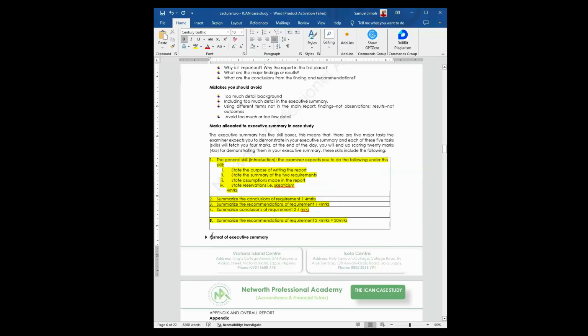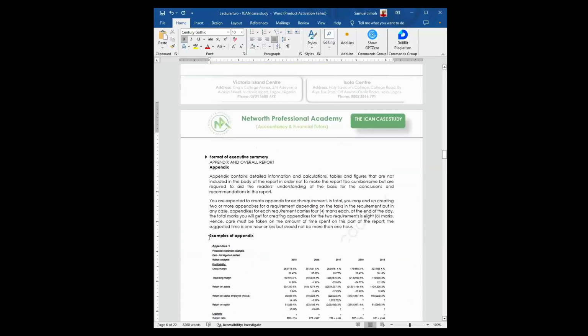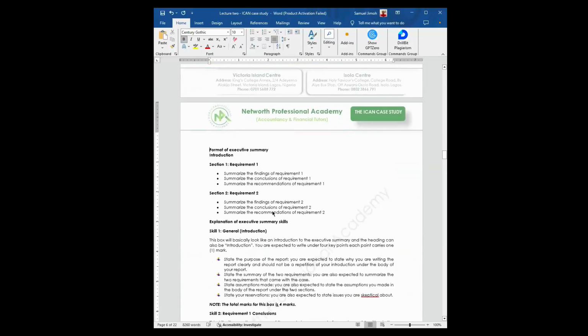So let's see a format for executive summary. Here is a very brief format for executive summary.